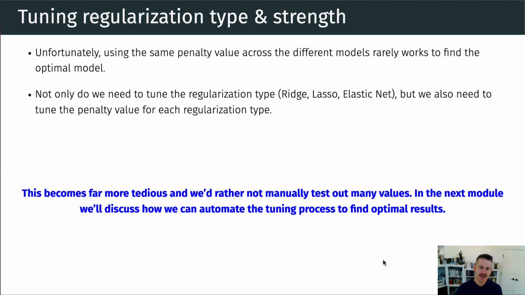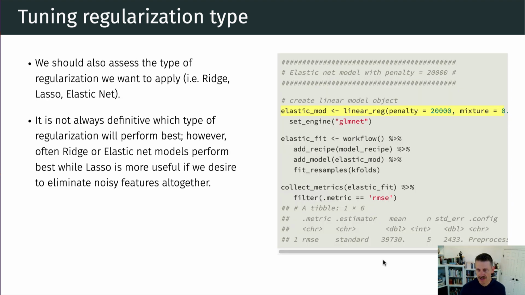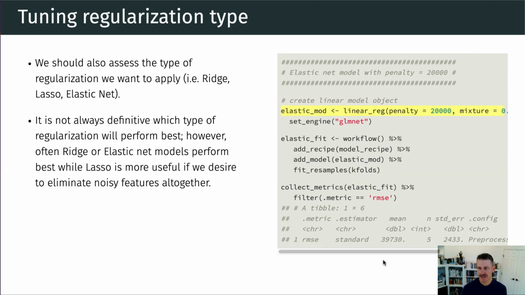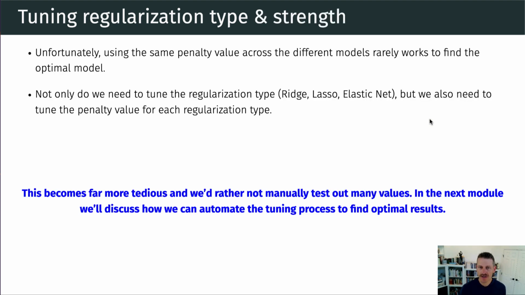Unfortunately, using the same penalty value across the different models rarely works. In the examples that I just showed you, we went from a ridge model to a lasso to an elastic net, but we used this penalty of 20,000. That is rarely the case. Often there is an interaction between the size of the penalty and the regularization type.